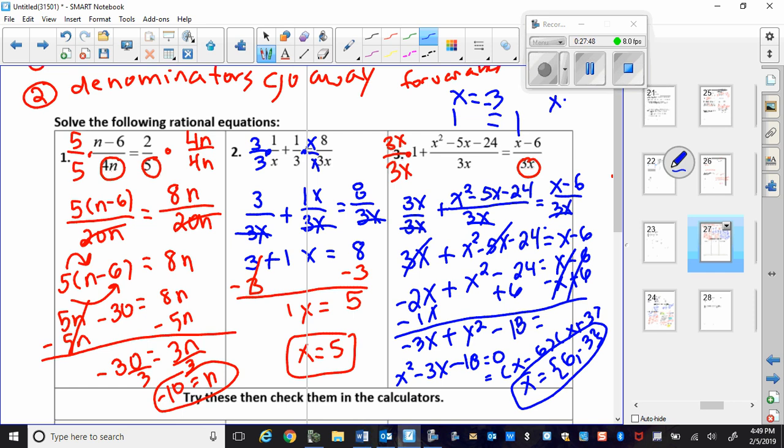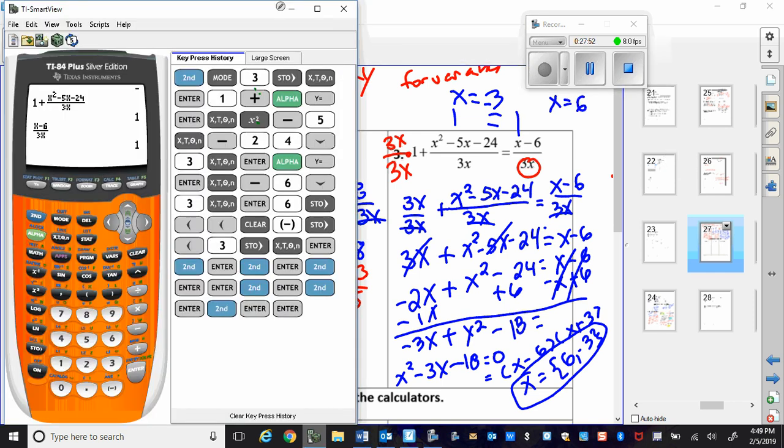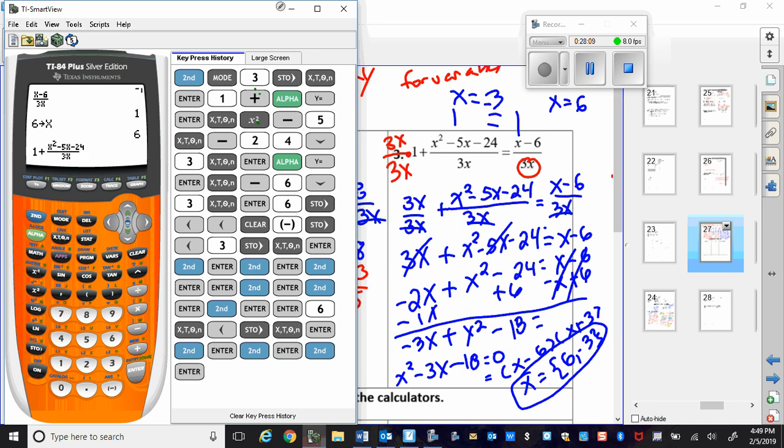Now I want to check, does x equal 6? So same thing. Store 6 into x. Pull up my equation. Enter.